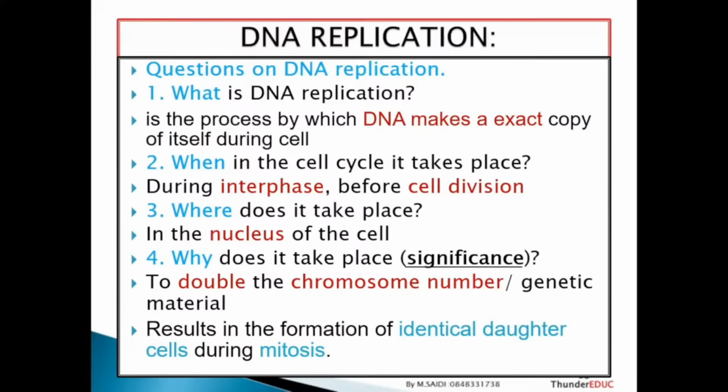If I have 23 pairs in one cell, then it doubles to 46 pairs. When it divides by mitosis, it goes back to 23. That is the meaning of bringing about identical daughter cells during mitosis.